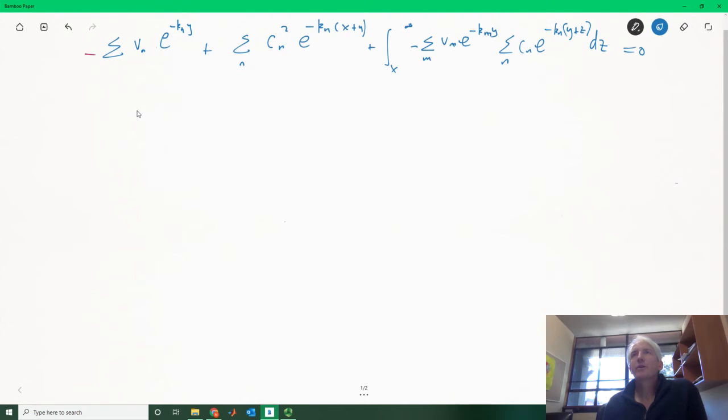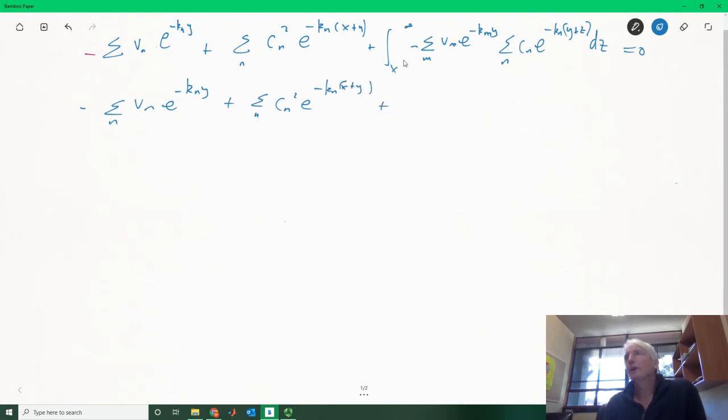Then we can go and integrate here. So we get minus b_n e to the minus k_n y, plus the sum over n of c_n squared e to the minus k_n (x plus y).